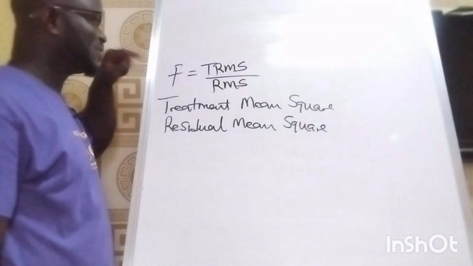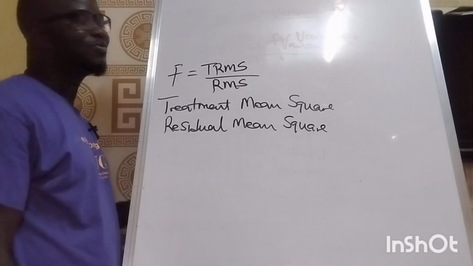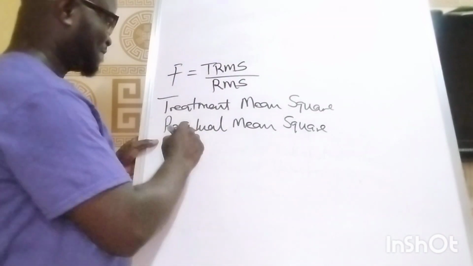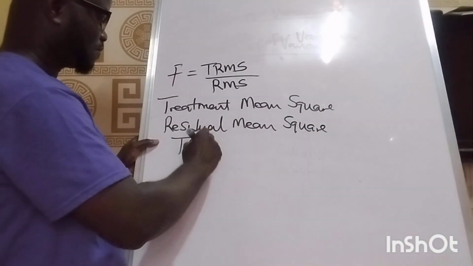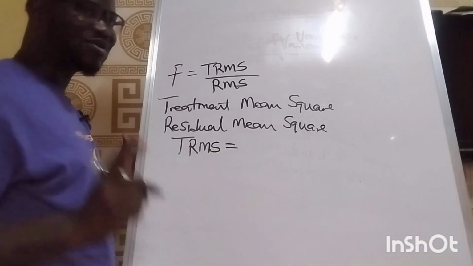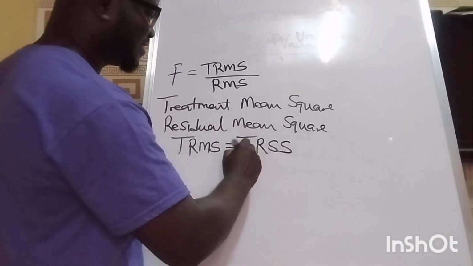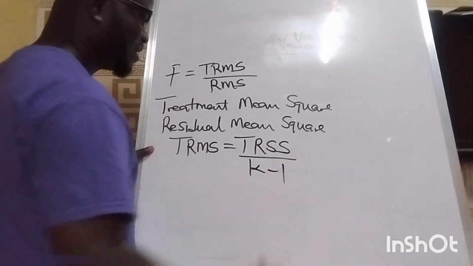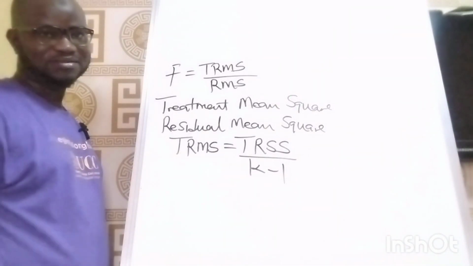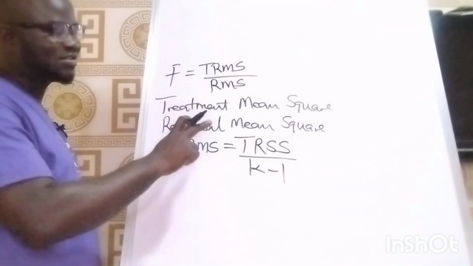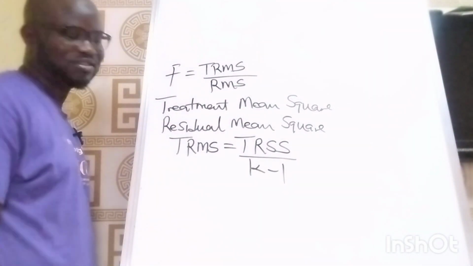So how do we get the TRMS, which is treatment mean square, class? The treatment mean square is calculated as TRSS over K minus 1, right?